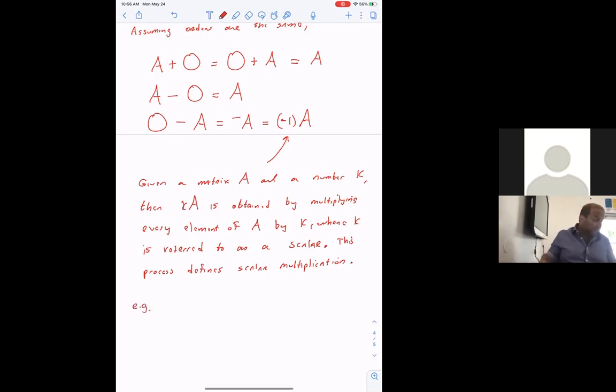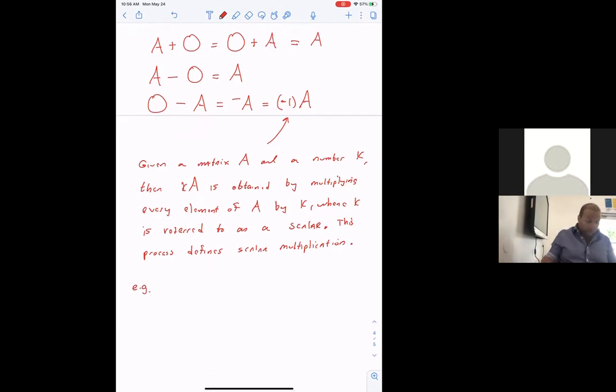So for example, it says 2 times the matrix P minus 5 times the matrix Q equals the matrix 0. The matrix P is the 2 by 2 matrix 1, 2b, 3c, 1.